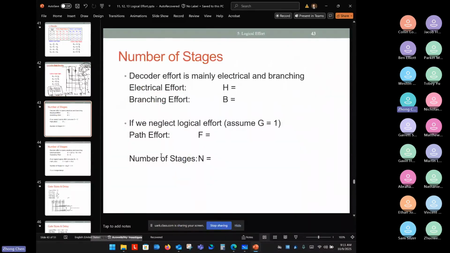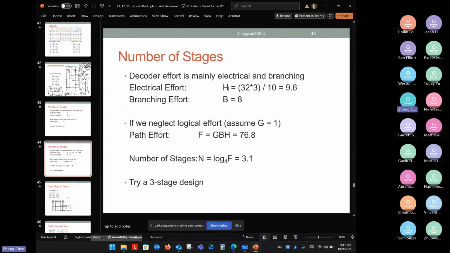But once B is calculated and then H is calculated, assuming G is equal to 1 to begin with, then we can calculate the total capital F, the total path effort, which is this value. And remember the equation that we have learned: we want to keep rho equal to 4.